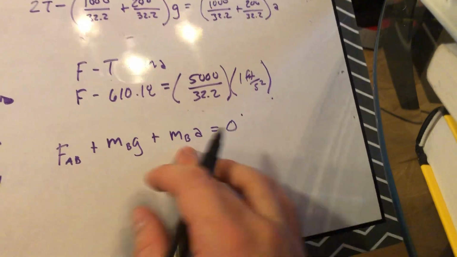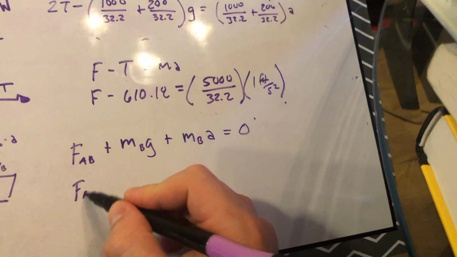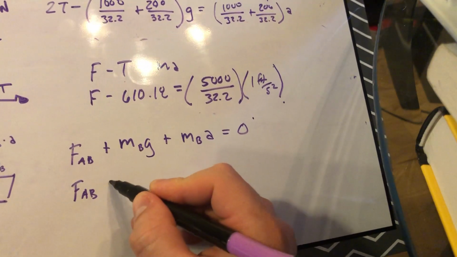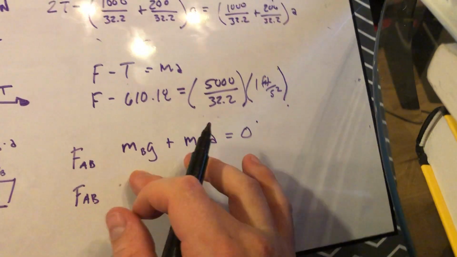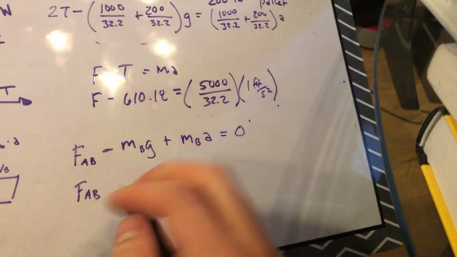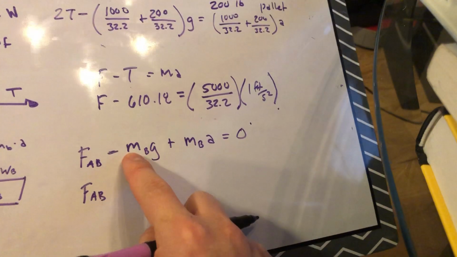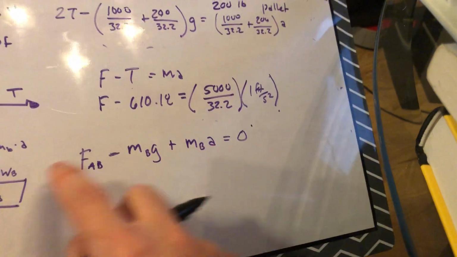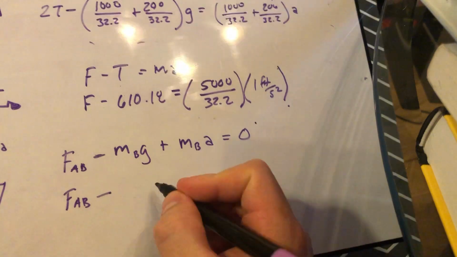So we can say the force of AB minus, oh no, that's a minus term. What am I doing? Force of AB minus weight, MBG, is equal to MBA. Shift it over, it's a positive term. Now we're in business.